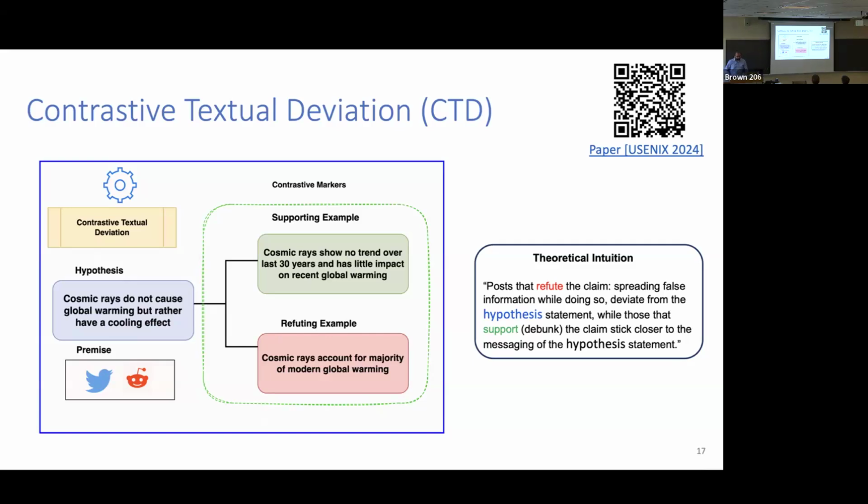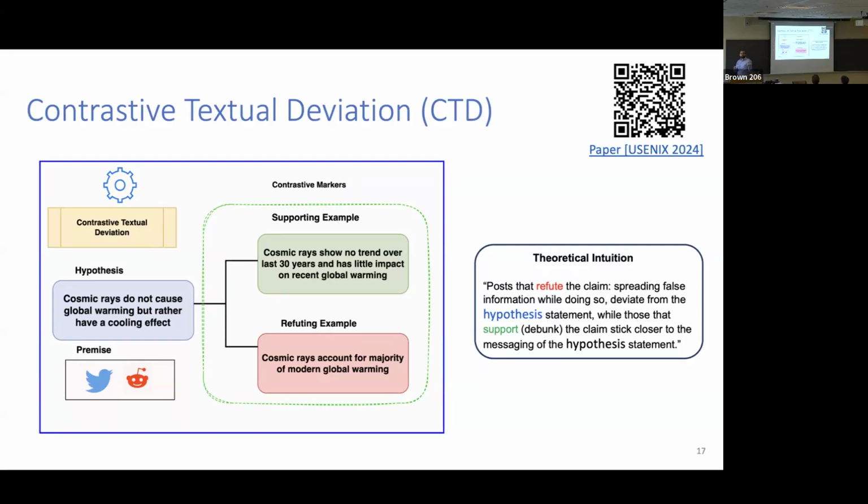This was published at USENIX Security this year. We leveraged large language models to basically tell the language model what the scientific statement is.